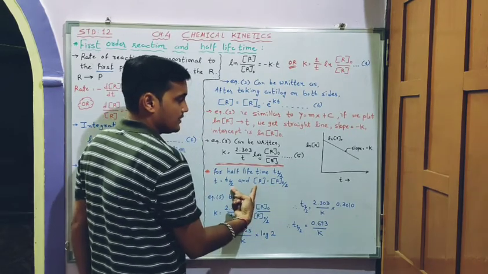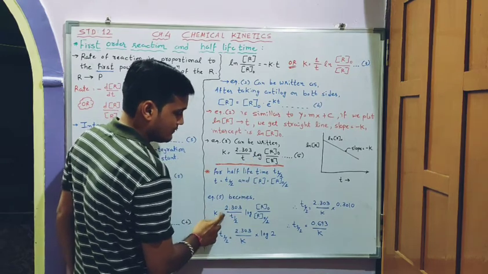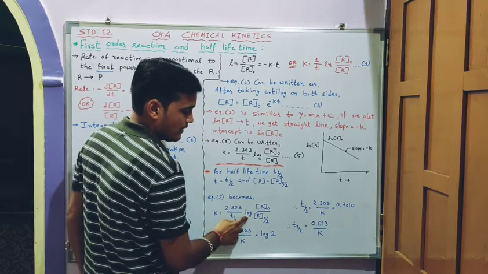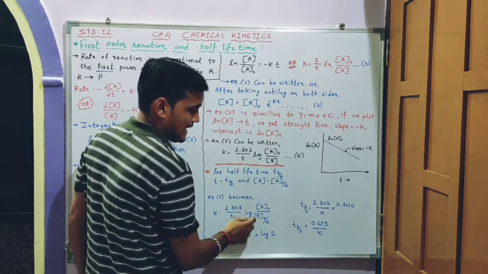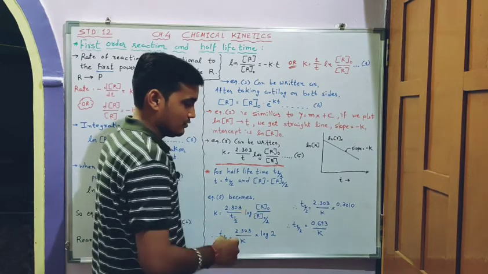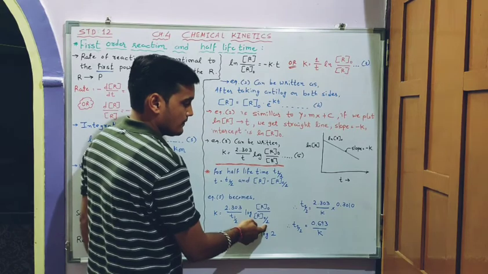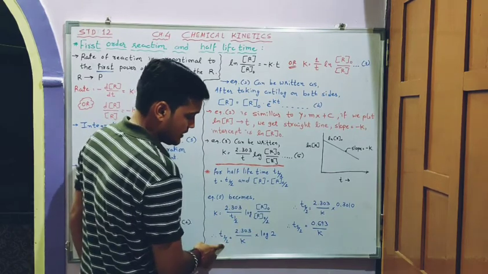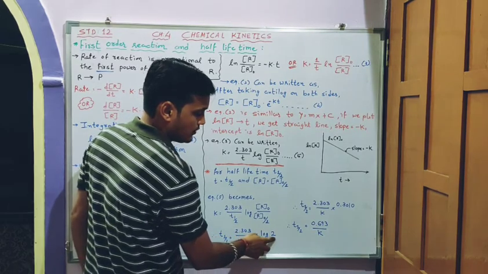When we put this value in equation number 5, we get K is equal to 2.303 by T1 half log R0 upon R0 by 2. Both R0s cancel out in this equation, and this 2 comes on the upper side. So T1 half is equal to 2.303 by K into log 2.